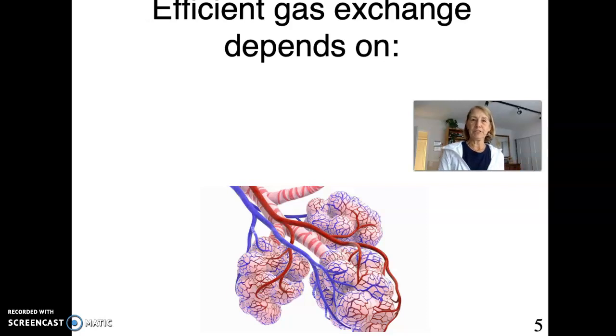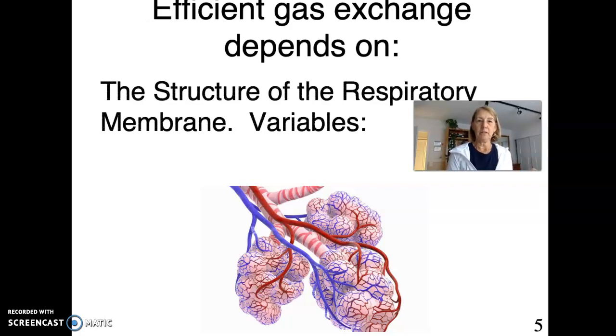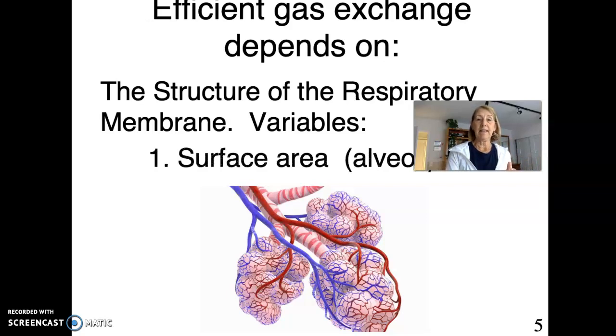For this to be efficient, it's going to depend on the structure of the respiratory membrane, how healthy that all is, and the surface area of the alveoli. These are the alveoli, the little balls at the very end of your respiratory network. That's where gas exchange happens, where we absorb oxygen and get rid of CO2.